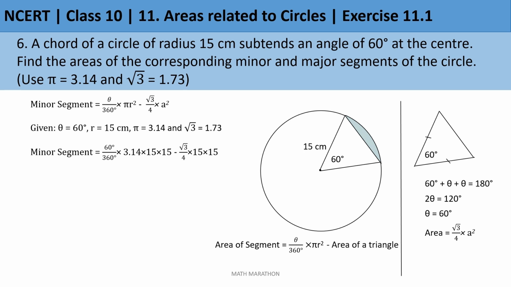Area of minor segment is equal to theta, which is 60 divided by 360 multiplied by pi, which is 3.14, multiplied by r square, which is 15 square, minus square root of 3 by 4, multiplied by a square, which is 15 square.